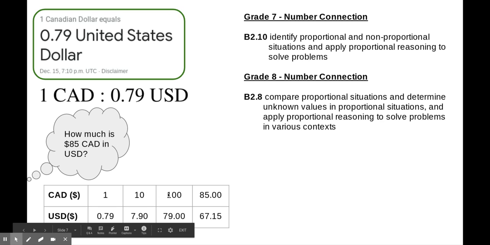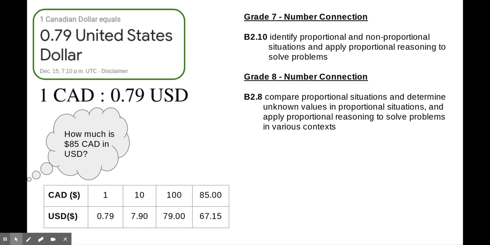We can scale that up to 10 or 100. And we can also think about if I multiply this by 85, I need to multiply the 79 cents by 85. So thinking multiplicatively and thinking about writing equivalent fractions all goes into this proportional reasoning concept and in application of doing currency conversions.